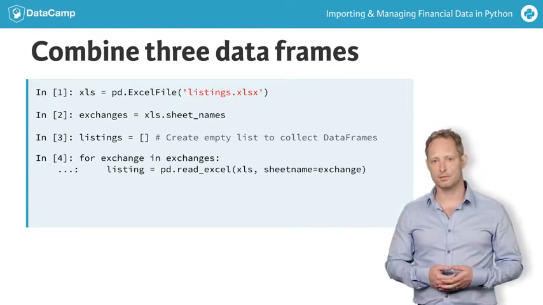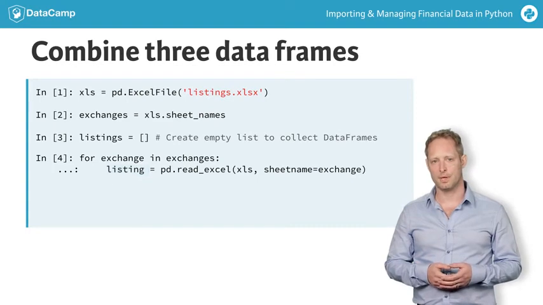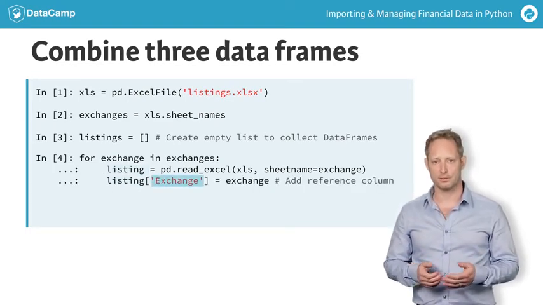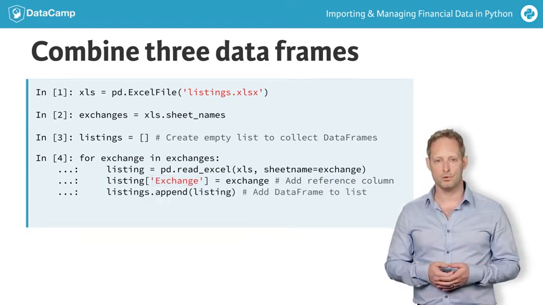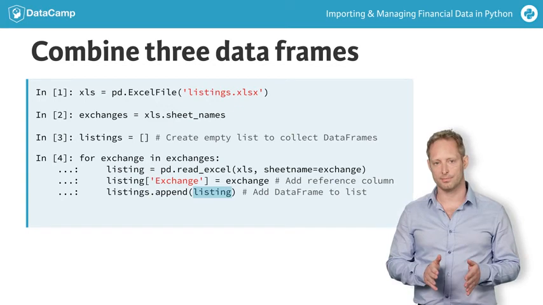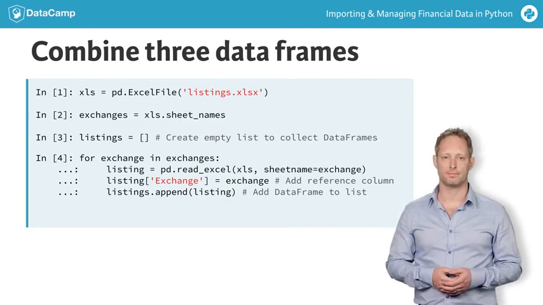Just read the sheet containing the data on the stock exchange and assign it to a variable called listing. Then create a new column called exchange to reference the stock exchange. As the last step in the loop, add the data frame with the listing information to the list. Once the loop is completed, the variable listings contains all 3 data frames.